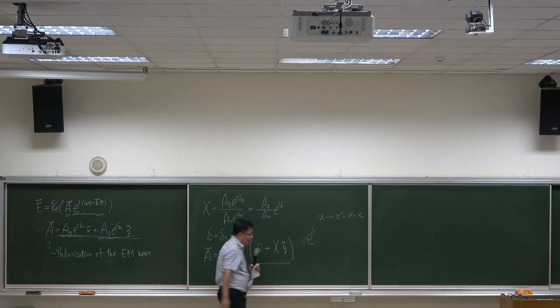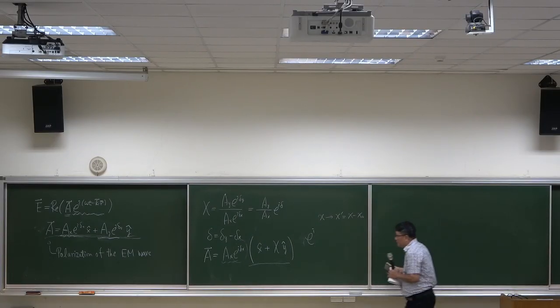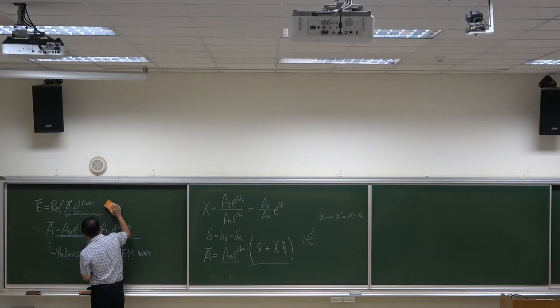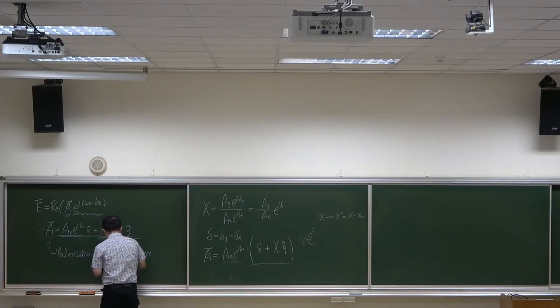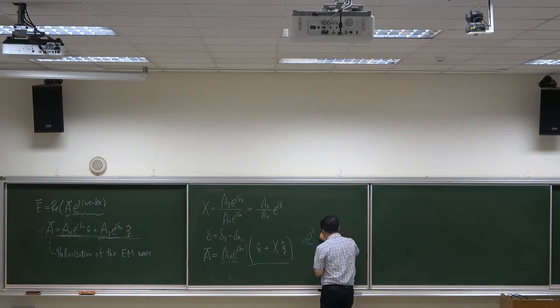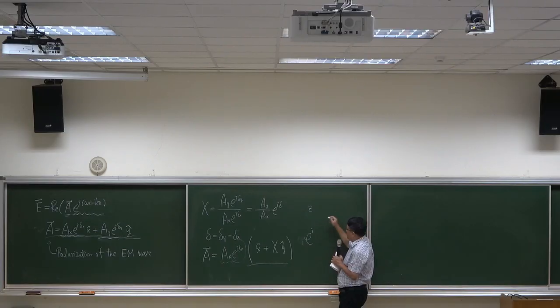Here we choose the propagation direction to be along the z-axis. Then, if I change the origin of the coordinate system from z to z0, we can define a new variable.